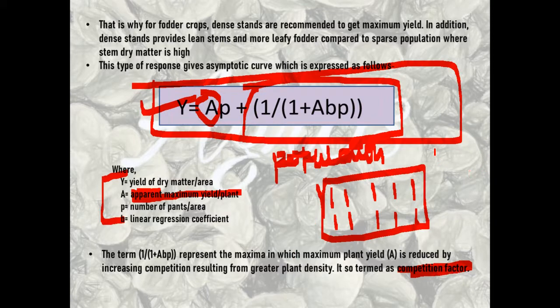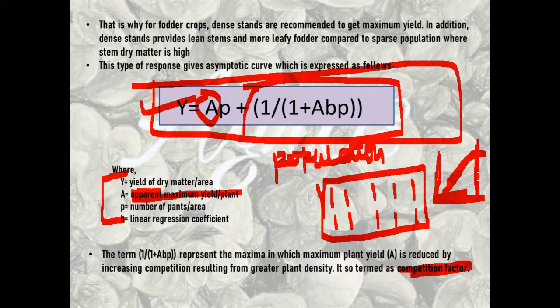Wait, let me explain it properly. Just think, this is the graph, the plotting of the graph. At this point is the maximum point where I will get the maximum plant yield.